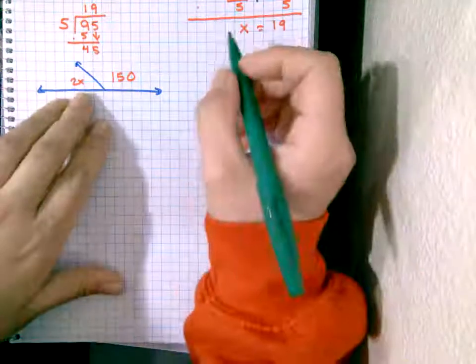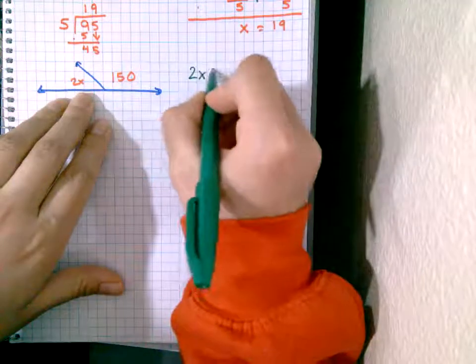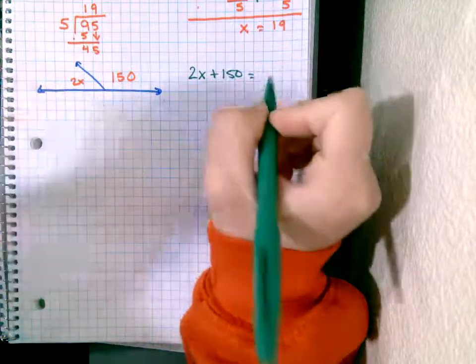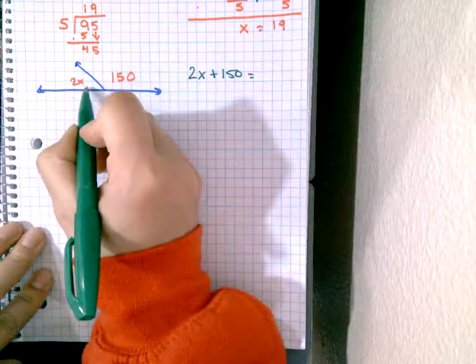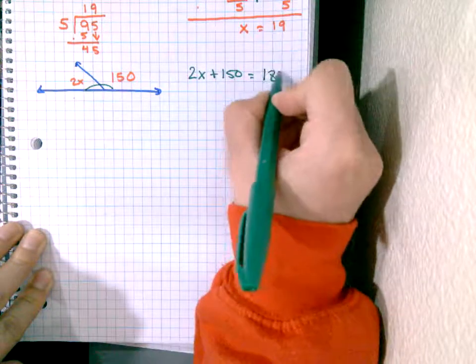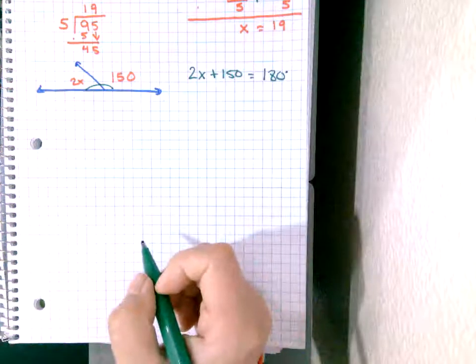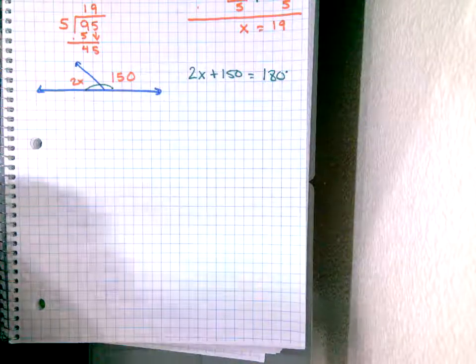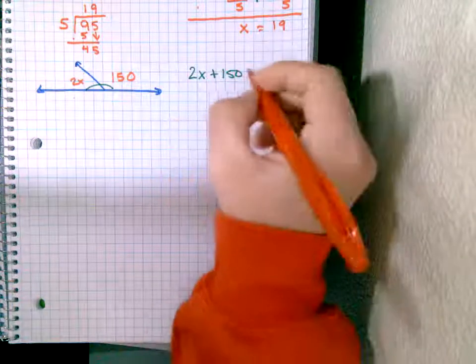So we're going to write down our equation as 2x plus 150 is equal to what? What is this angle equal to when it's a straight line? It equals 180 degrees, right? Straight lines are 180. So we have our problem right here. 2x plus 150 equals 180.